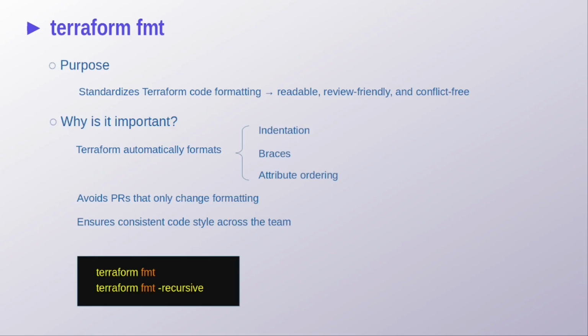Pull requests are clean. Git conflicts are reduced. Example: we run terraform fmt, or terraform fmt -recursive. Best practice: always run it before pushing. CI should fail if formatting is wrong. Never review unformatted Terraform code. Format is not optional. It's hygiene.